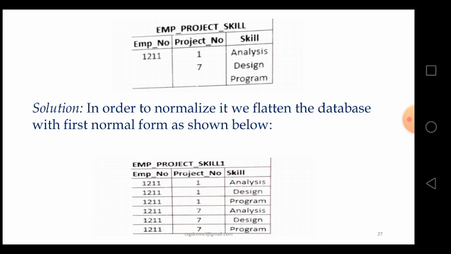Employee, project, skill. Here employee number is 1211, project numbers are 1 and 7. The employee 1211 has skills: analysis, design, programming.